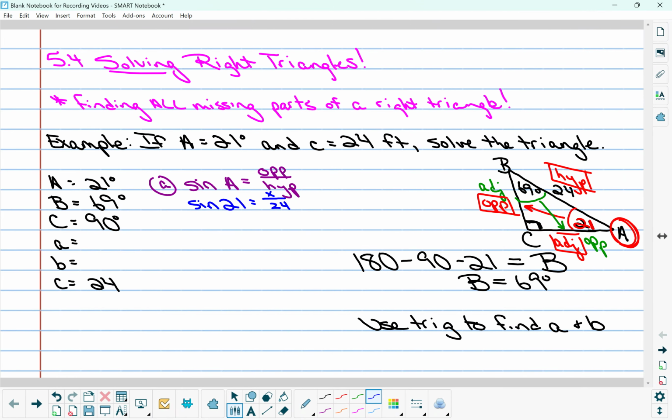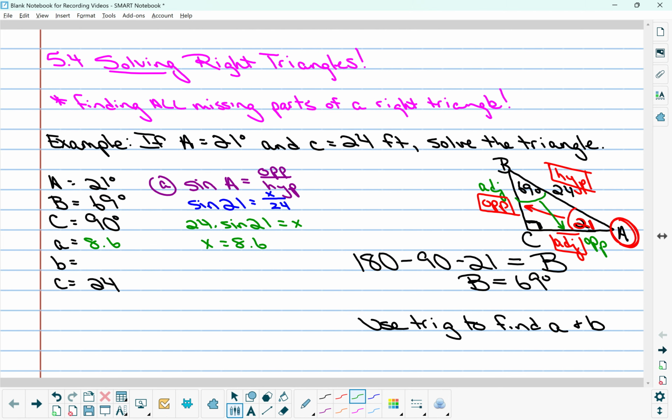And if you remember from the directions on the last one, it was cross multiply, divide if necessary. Well, when I cross multiply this, I get 24 times the sine of 21 is equal to x, and there's no dividing. So I can just throw this directly into a calculator. And when I do, I get x equals 8.6. Okay, and that would go right here.